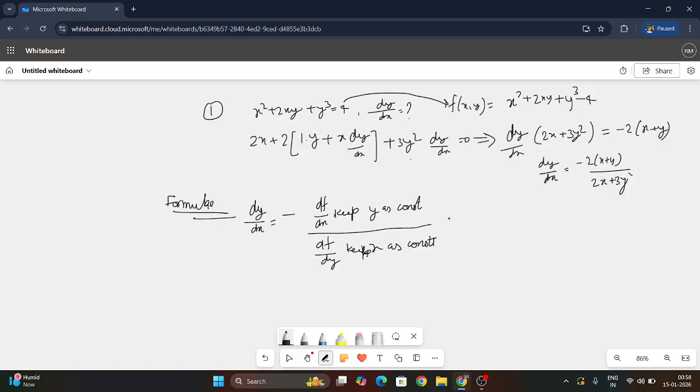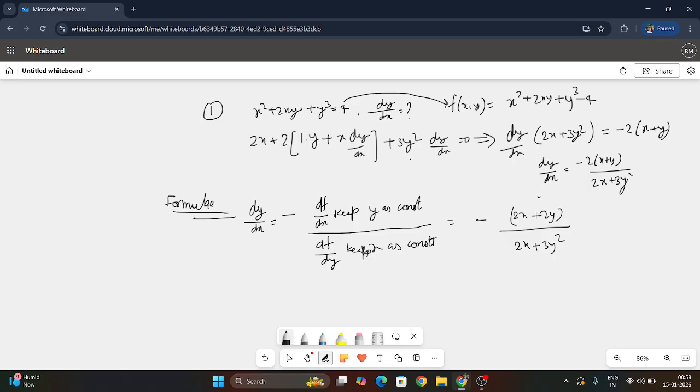Now let's differentiate it with respect to x, keeping y as a constant. So 2x plus 2y and the remaining are constant, y cube is going to be constant. And find the df by dy: we get 2x plus 3y square, where x square and y and 4 are going to be constant for this.